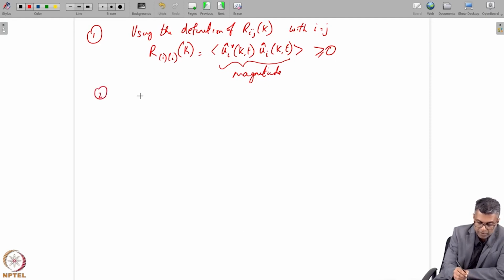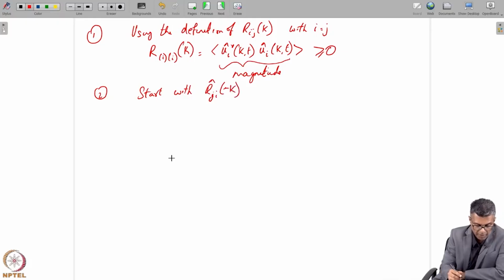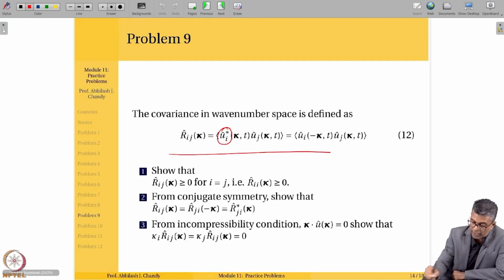Now I'll start with Rji hat of minus kappa. Then what will I have? I will have Rji hat, of course, of minus kappa is equal to, now I'm going to use the definition of Rij that was given in the problem.